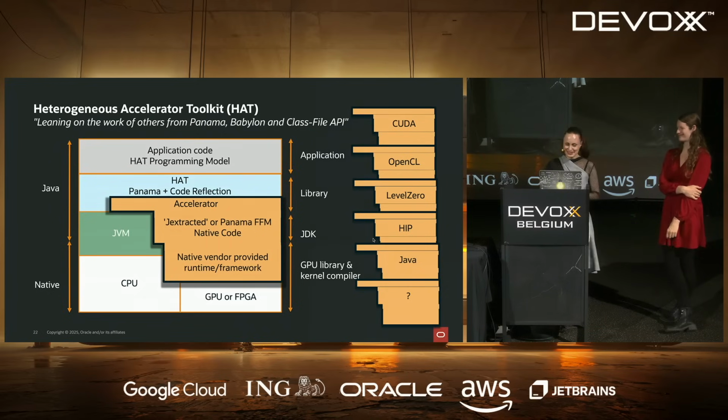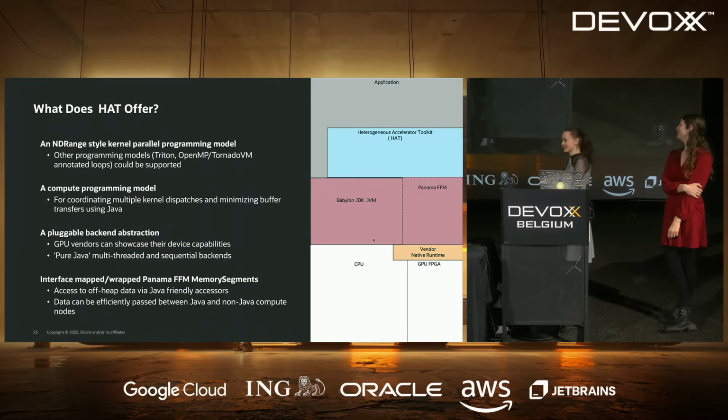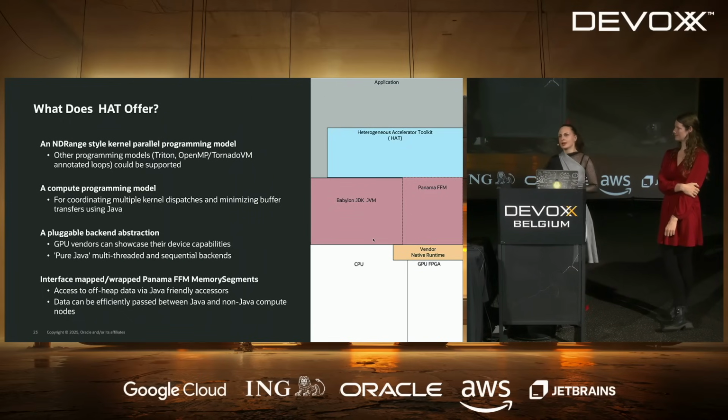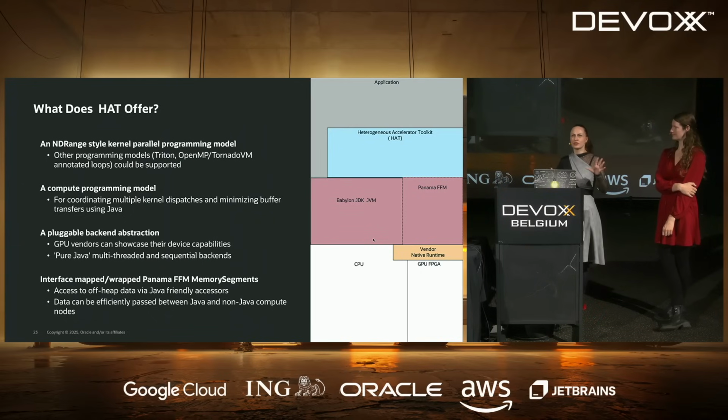Yeah, definitely. So in a nutshell, what does HAT offer? Because for me, it's very difficult to say Heterogeneous Accelerator Toolkit. It offers a style of programming that is familiar to most GPU developers. But I think everybody in this room is a Java developer, and if you're a GPU developer, that's great. It's looking similar to that.